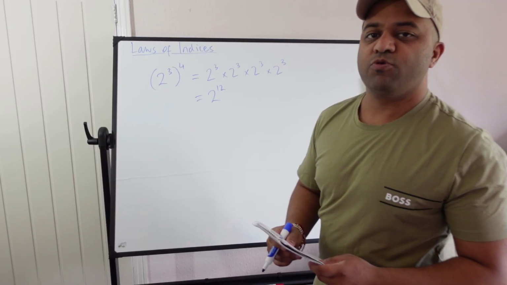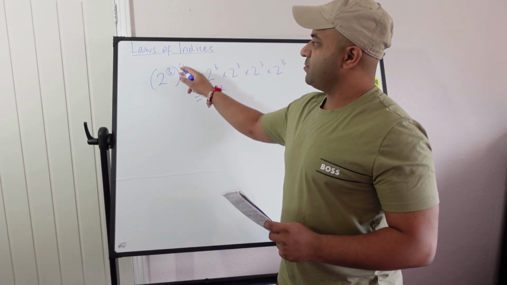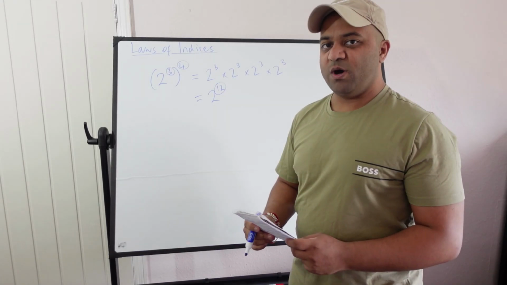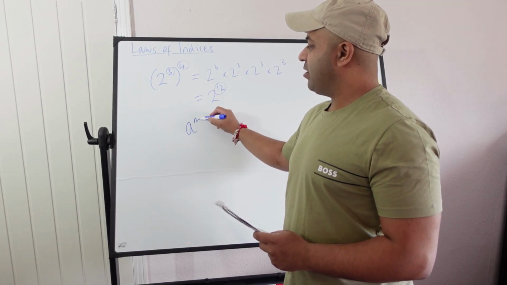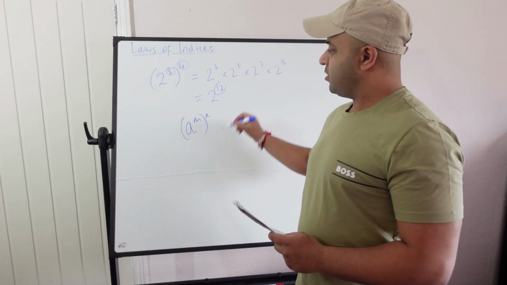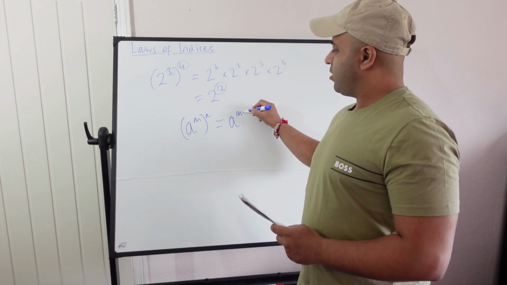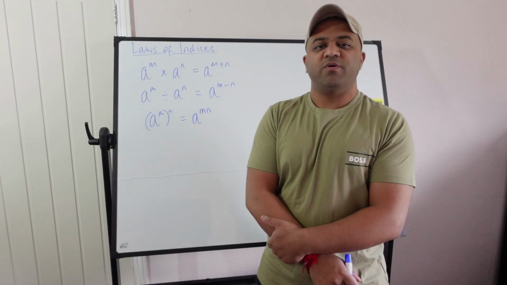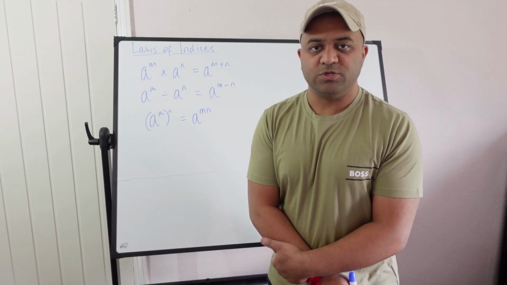So, the rule here, we can see that we multiply the 3 and the 4 together to give the 12. So, if we have a power raised to another power, we multiply them together.